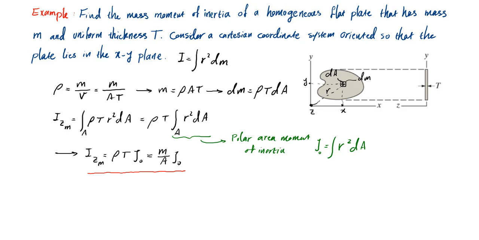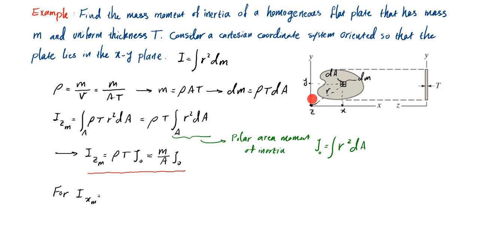Now, following the same process for x-axis, what do we have here? Well, the general equation is the integral of r squared dm. Now, r squared is the distance of the element from the axis we are trying to find the moment of inertia about. When we want to find it about x-axis, the distance of this element is y.